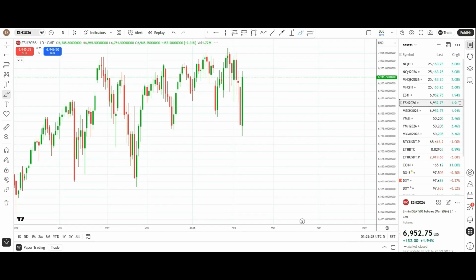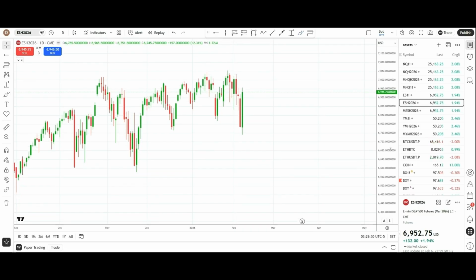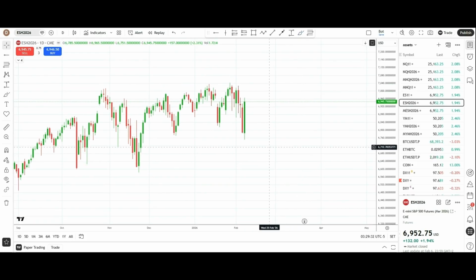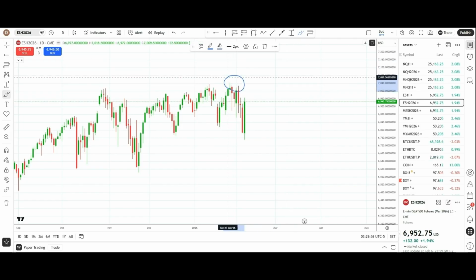If we take a look at ES, not only did ES make a higher all-time high over here, but it didn't go as far as Nasdaq below these December and January lows. Remember, Nasdaq was somewhere around here.